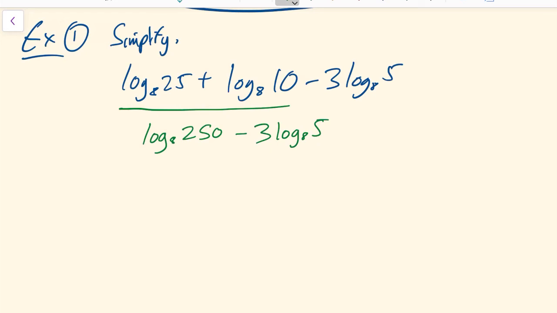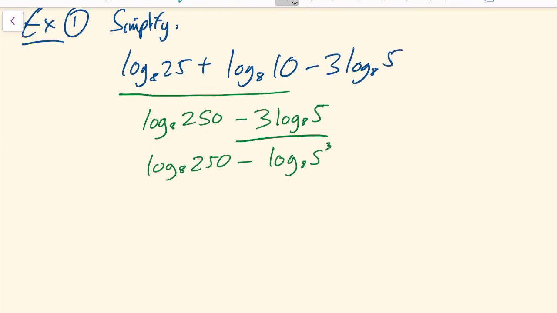Looking at this second bit, we've got a number in front of the log, so we can use the power rule on this, and we can say it is minus log to the base 8 of 5 to the power of 3. That's using the third rule.